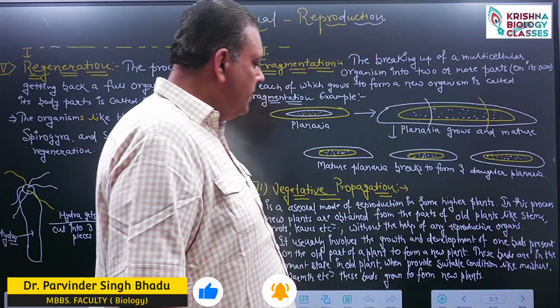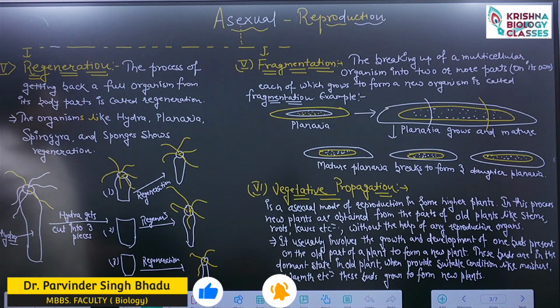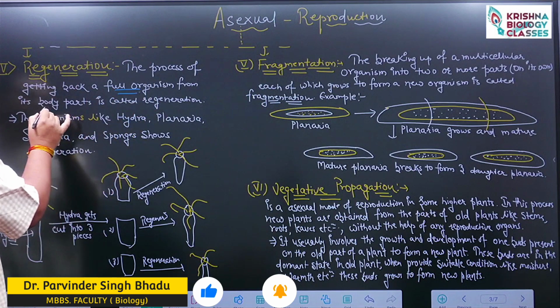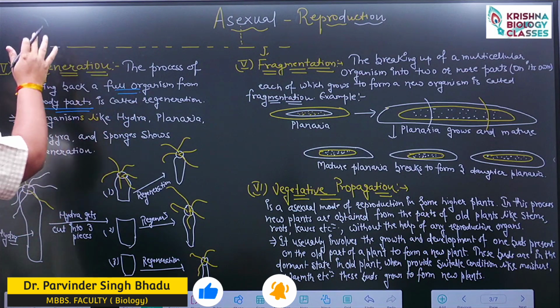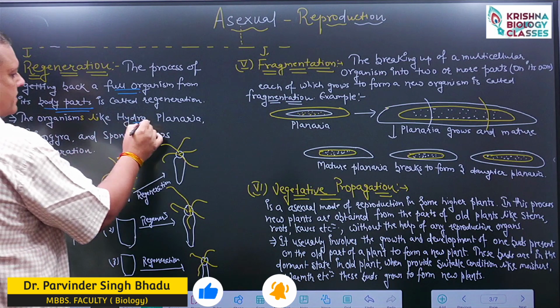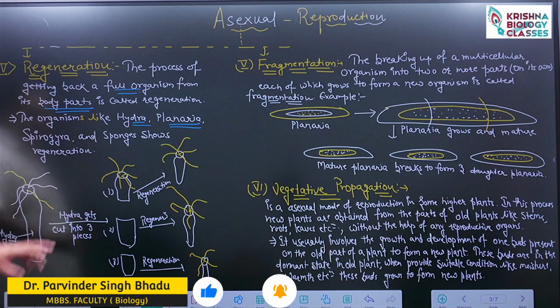Regeneration. The full organism is formed from the body part of the parental organism. It is commonly found in organisms like Hydra, Planaria, sponges.